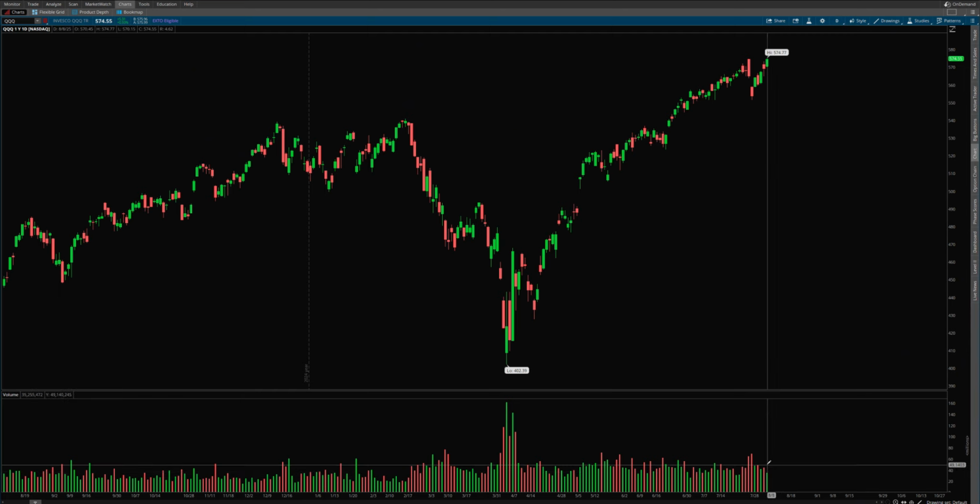So anytime one trade happens, meaning one buyer and one seller, if you were to buy one share of QQQ for 574, that means there were two people involved. There was you, the buyer, and someone else who is the seller of that share. So it takes two people or two firms or whatever to be involved for one volume.